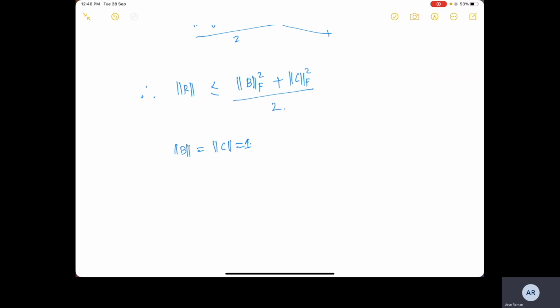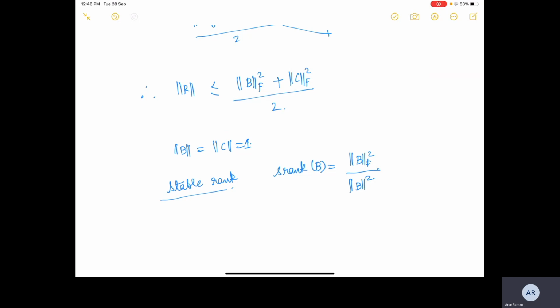Then there is the concept of stable rank of a matrix, which we have discussed earlier as well. The stable rank of a matrix B is nothing but the ratio of the Frobenius norm squared divided by the spectral norm.